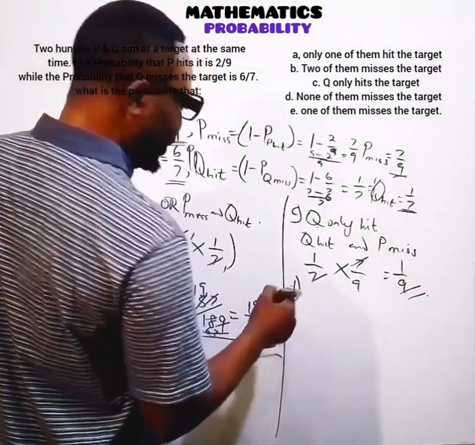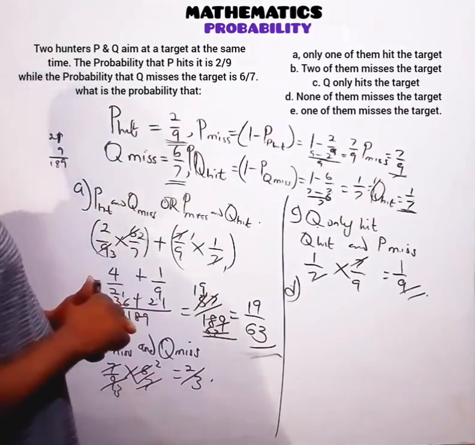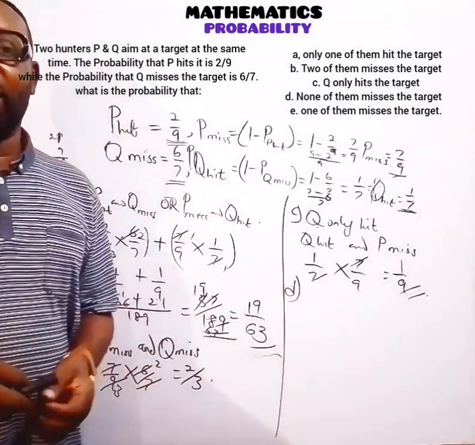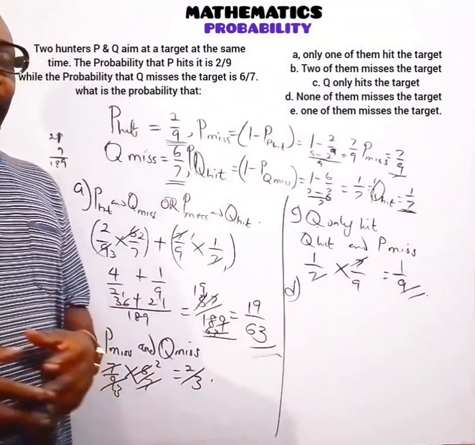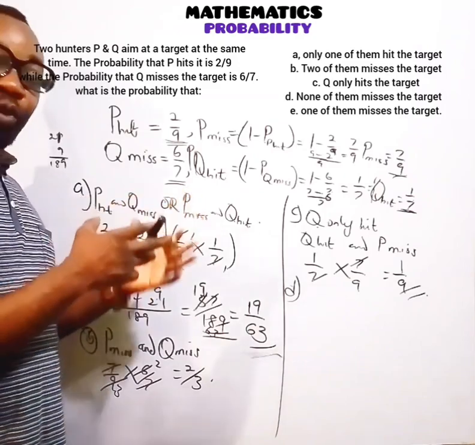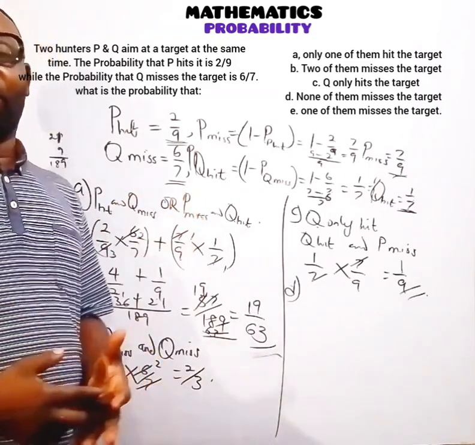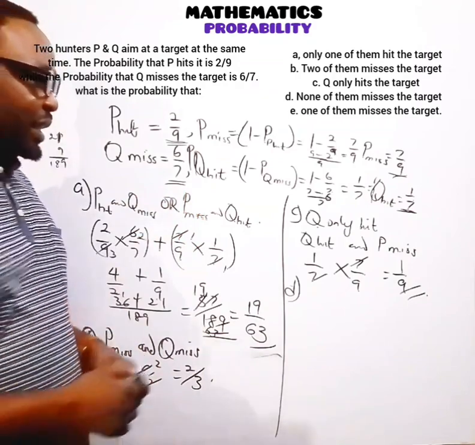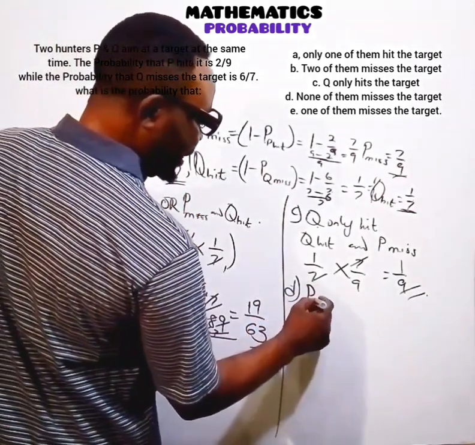Then the D part of the question says that none of them misses the target. It means that P does not miss the target and Q does not miss, so P hits the target and Q hits the target.